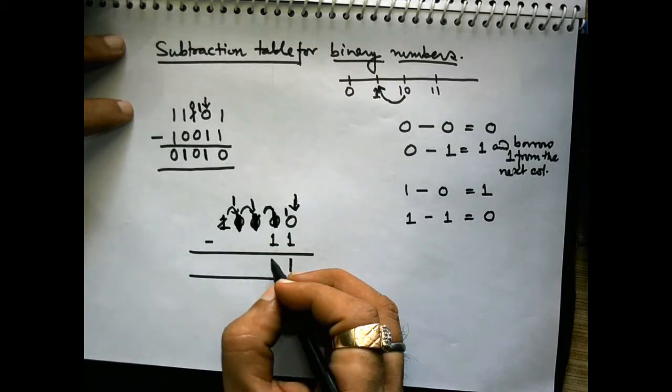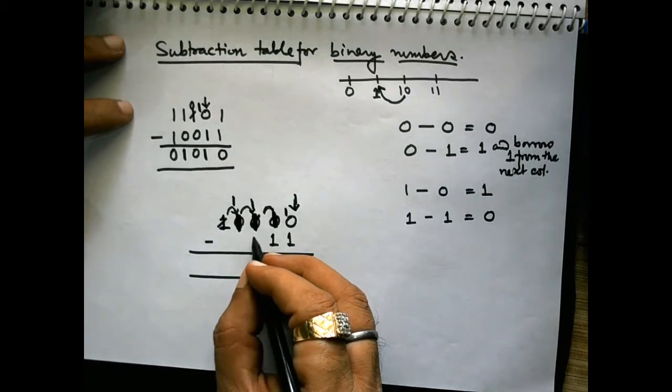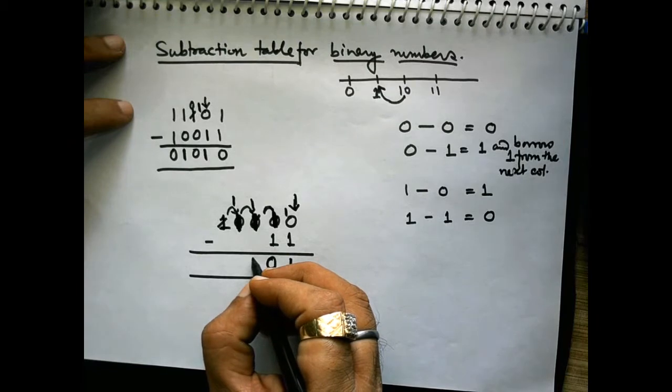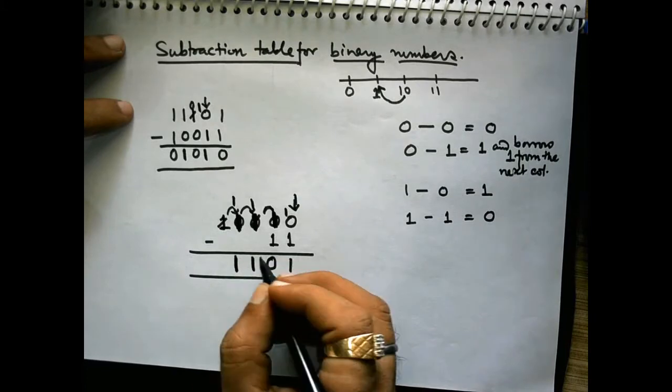So 1 subtracted from 1 becomes 0. 0 subtracted from 1 becomes 1, and 0 subtracted from 1 becomes 1.